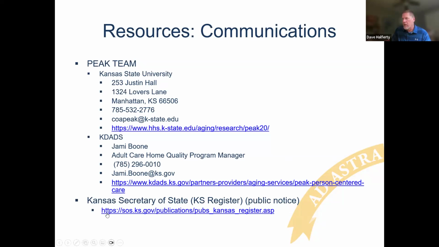I wanted to point that out because it is available, and it also provides a historical reference. I went back to look up how we structured things initially in 2013. Because of the data retention policies where I work now, we don't maintain records back past seven years, but the Kansas Register is available back maybe 40 years at least. So I was able to look back and see exactly what that structure was from 2013.